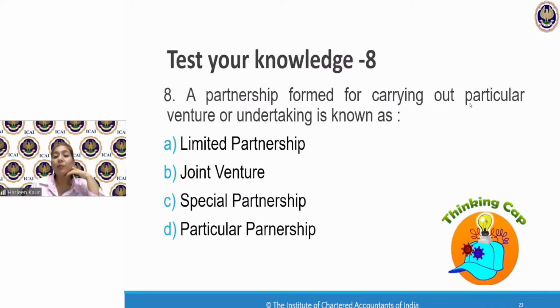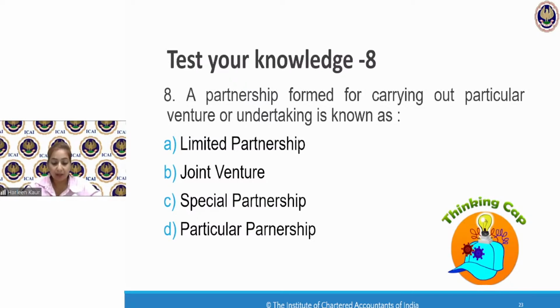A partnership formed for carrying out any particular venture or undertaking is known as what? Give me the answer for the 8th one also. There's another interesting one for you all. What will you call this partnership, children? Limited liability, joint venture, special partnership, or a particular partnership?